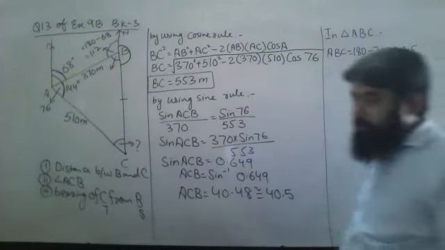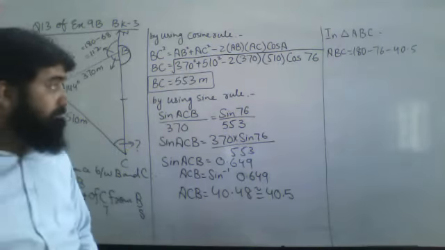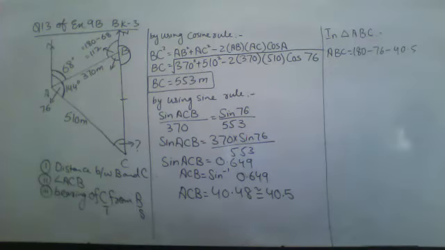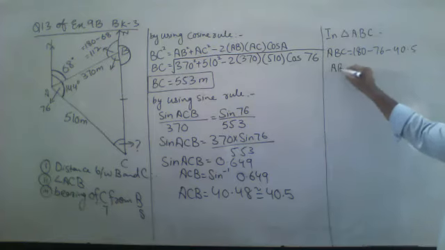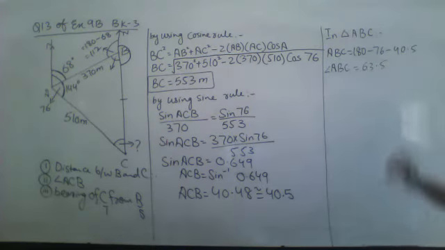Now I will simplify it to get my answer. 180 minus 76 minus 40.5. The result of angle ABC is coming 63.5.